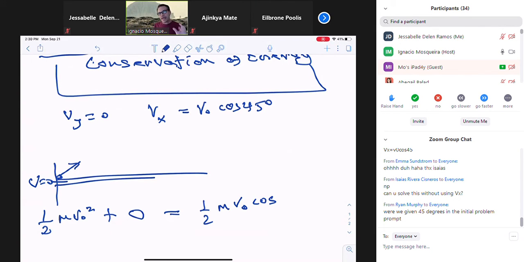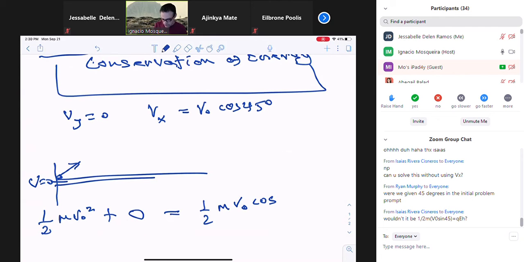Only in that case is the kinetic energy at the top 0. But in general, it's not 0. And you need to square this, and since I chose 45, there would be a 45. 1/2 m v squared. The Vx at the top is V0 cosine 45. That never changes.